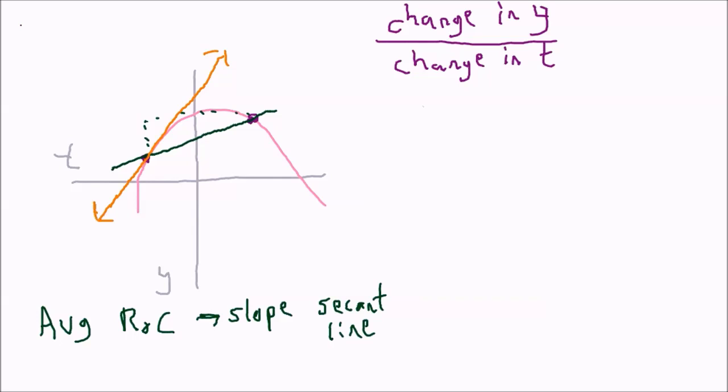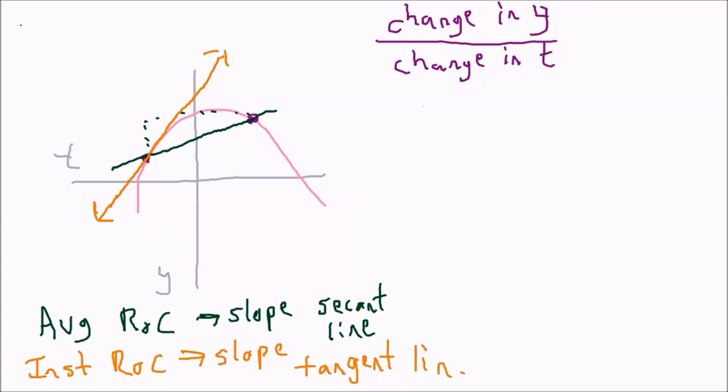So the instantaneous rate of change can also be considered the slope of the tangent line at that point. Now how we'd write the change in y over the change in t as a function, well, change in y is going to be the difference between the y value right here and the y value right here.